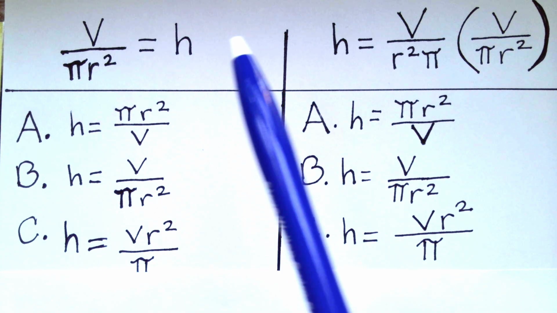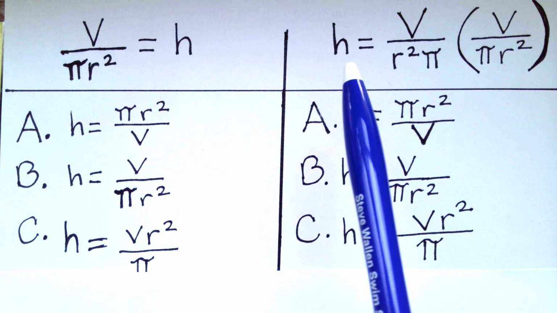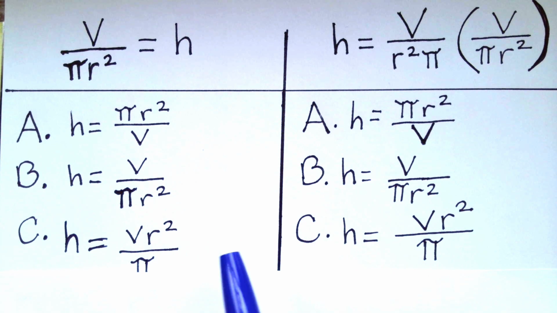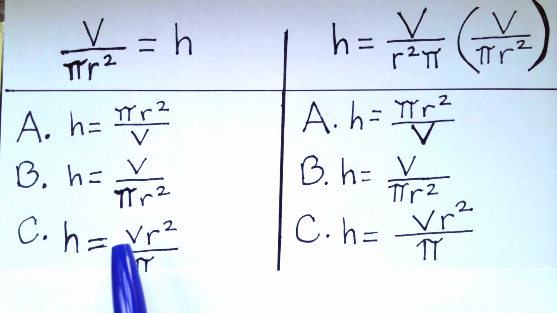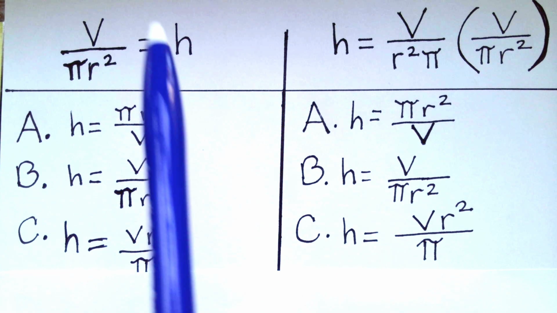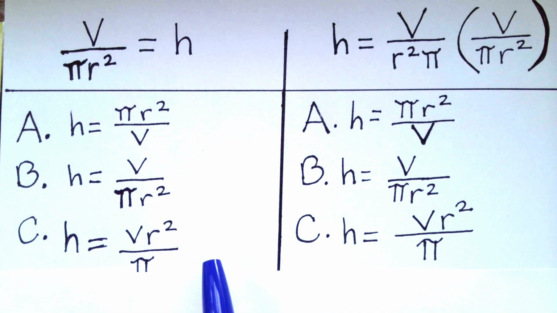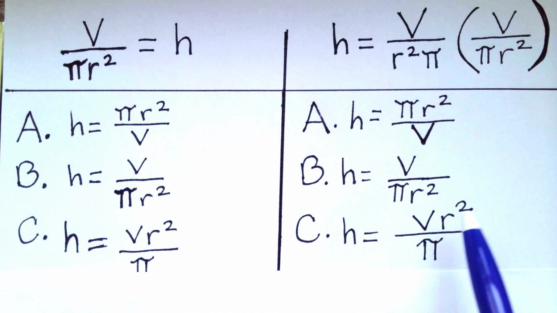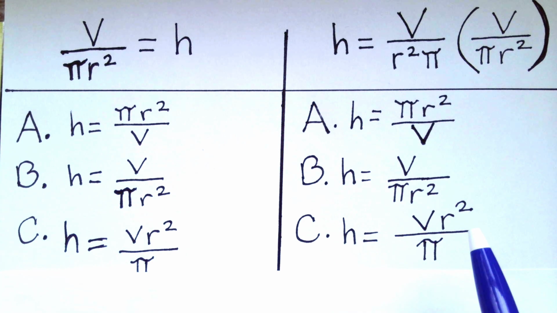And if you didn't know to flip that cylinder formula and have H on the left side, just like all the options show you, then you may have gotten very confused in how to answer this particular type of question. But H equals V times R squared over pi, is that what we have here? V divided by pi R squared, these are not the same. And we already know the answer is B anyway. So over on the right side, you can see H equals V times R squared divided by pi. Does not look the same, so it cannot be answer C.